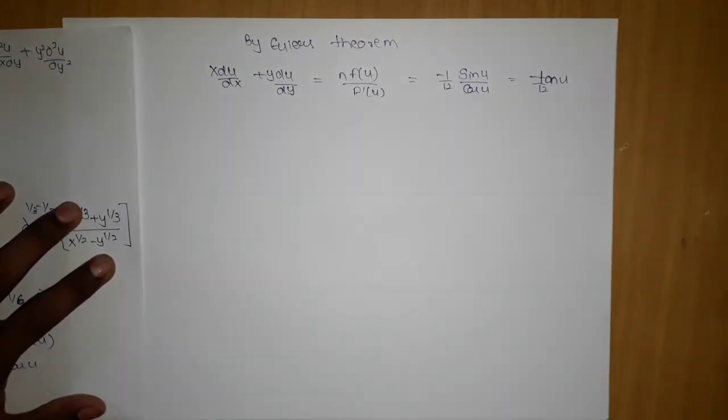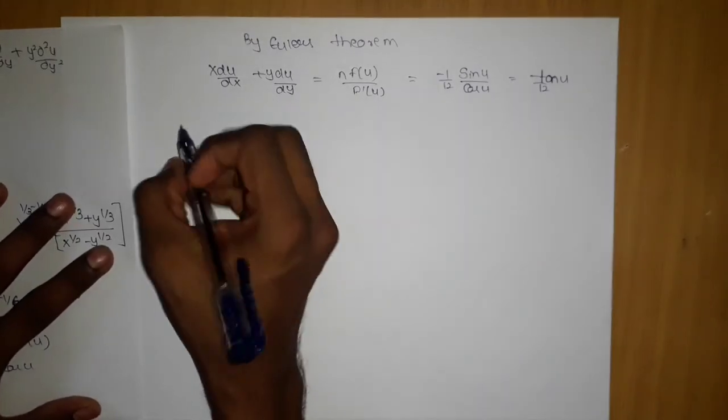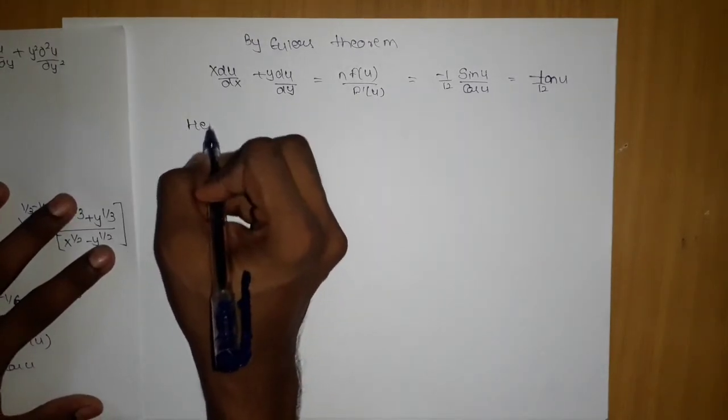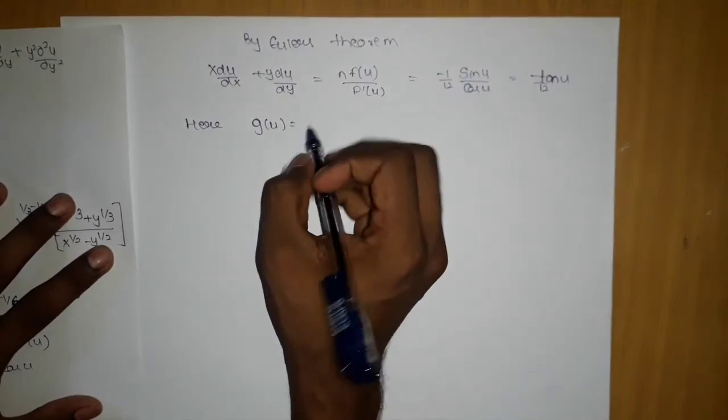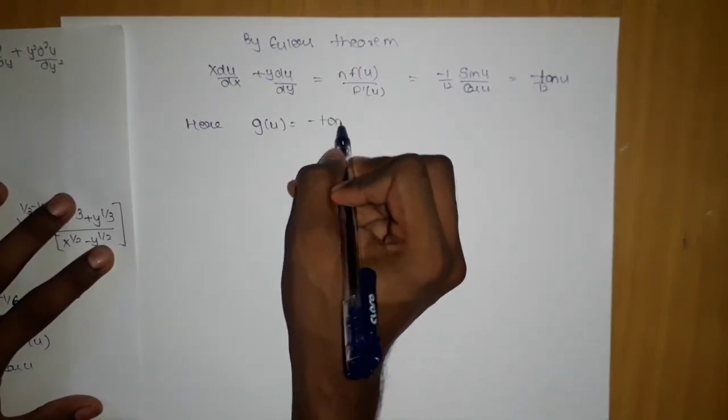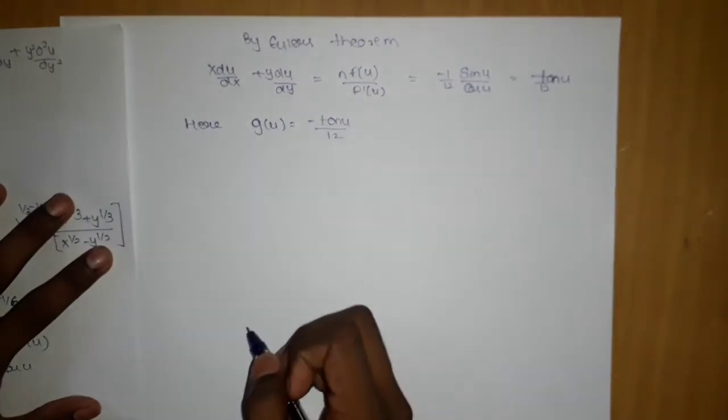After getting this, what is your next step? Here g of u is minus tan u by 6.